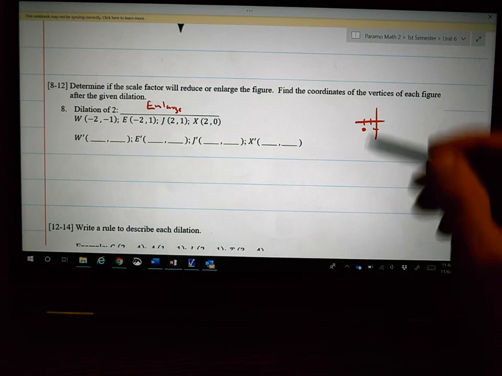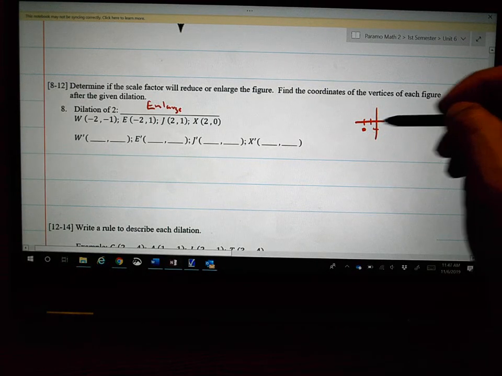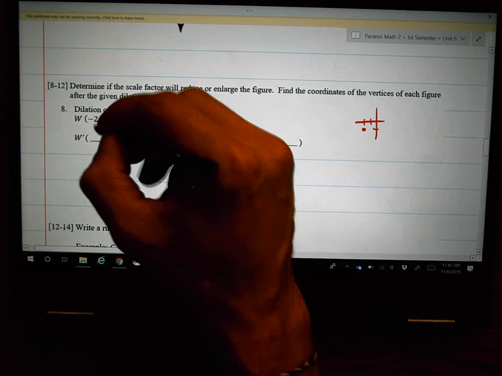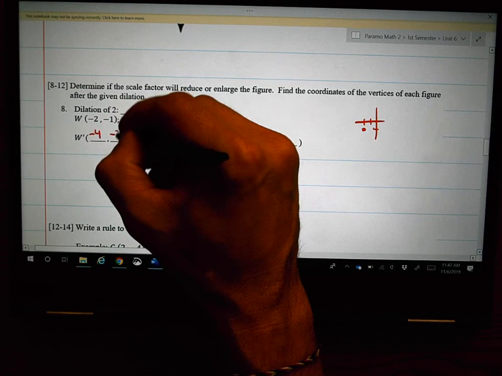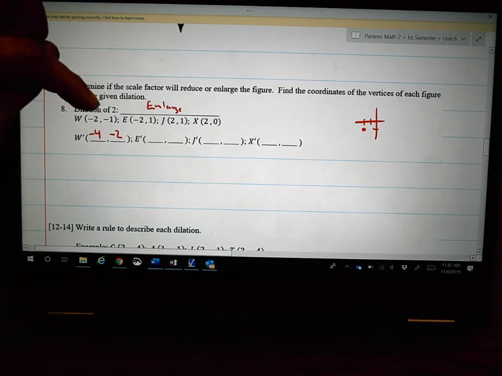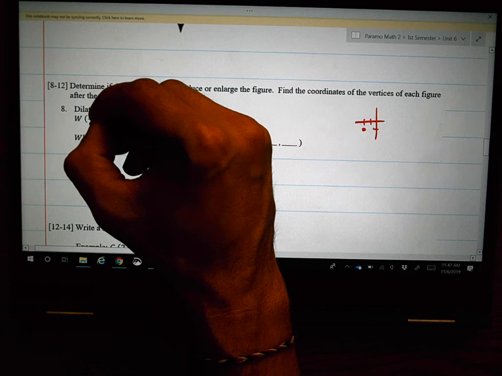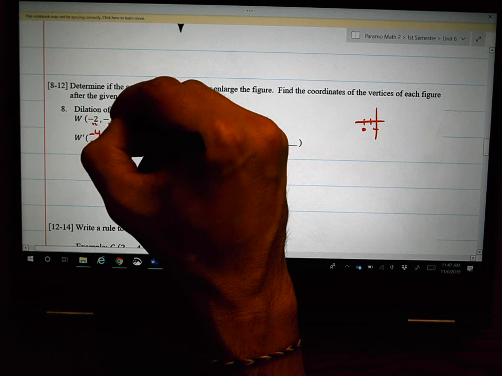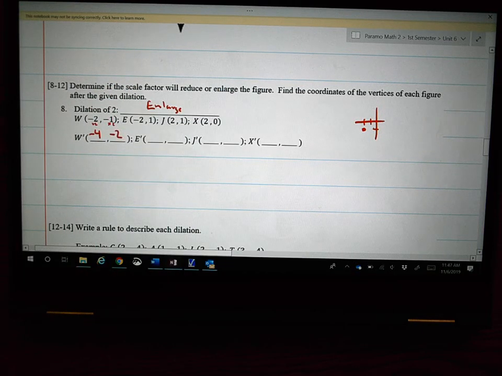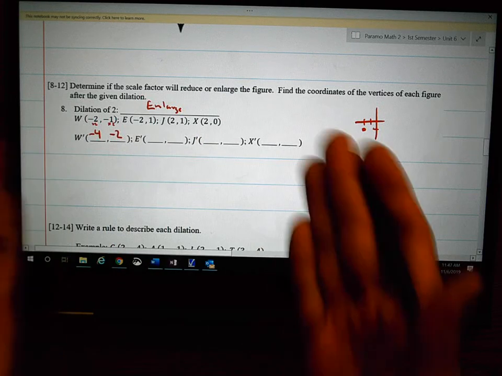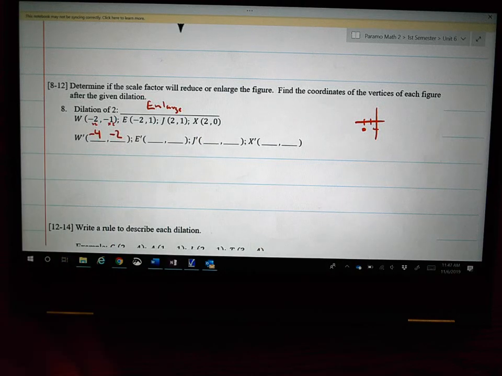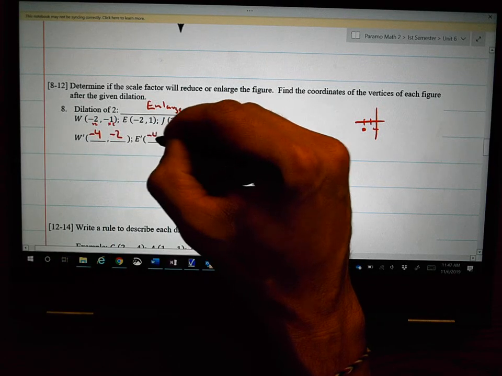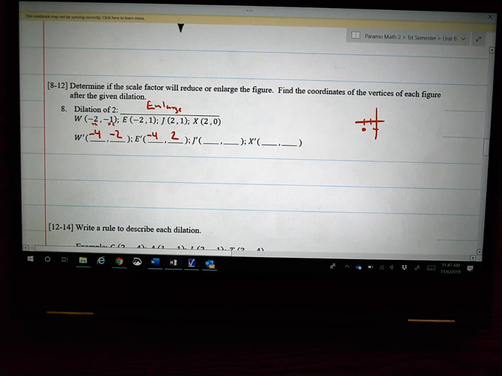Instead of left 2 down 1, it'd be left 4 down 2. A dilation of 2 is basically taking this point and timesing by 2 and timesing by 2. You could do that to figure out any of those points. E would be at -4, 2, and I bet you could do J and X on your own.